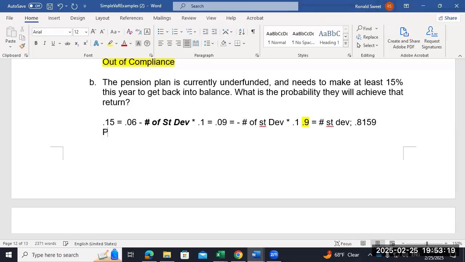So the probability is going to equal 1 minus 0.8159. How do we know it's 1 minus? Because it's the negative number. So whatever that is, they've got about an 18% chance of making 15% or more. You've got an 82% chance of not meeting their target.